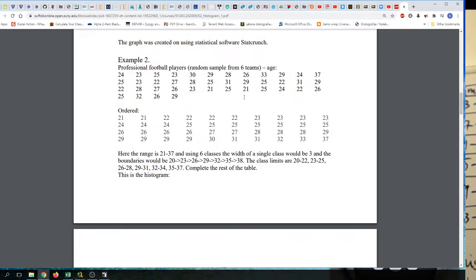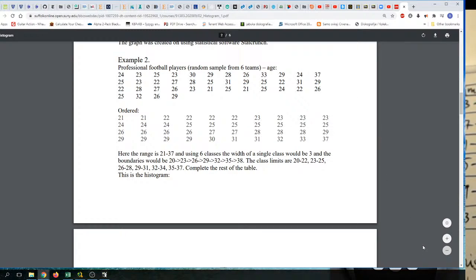We have the different teams, so we selected 6 random teams, and we got the ages from the players from these teams. That's a pretty large sample. The first thing I did once I collected the ages from these 6 teams, I realized I have 40 things here.